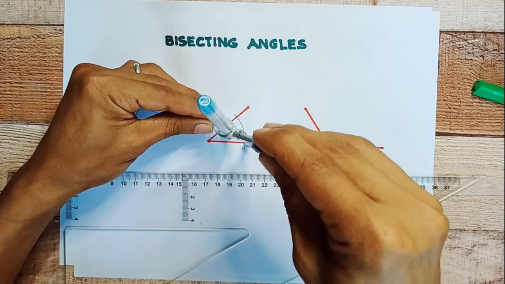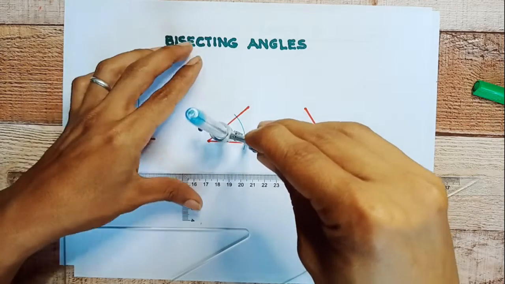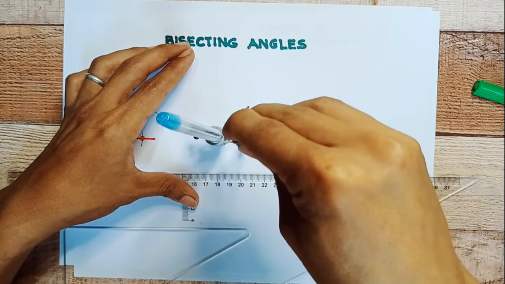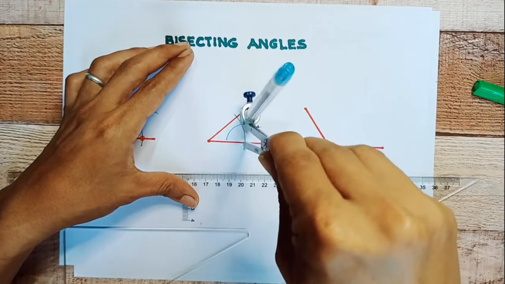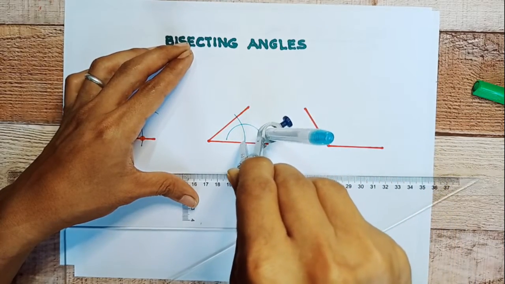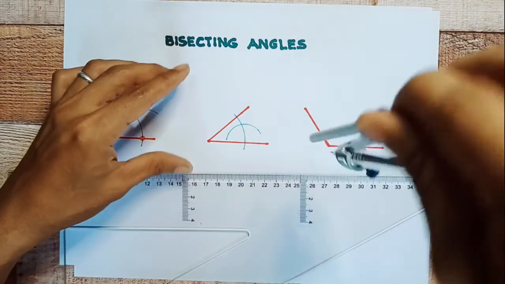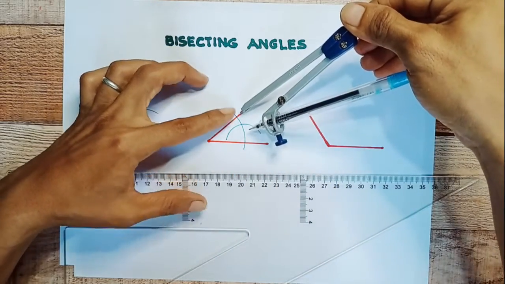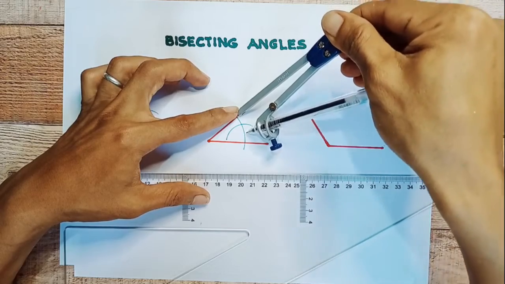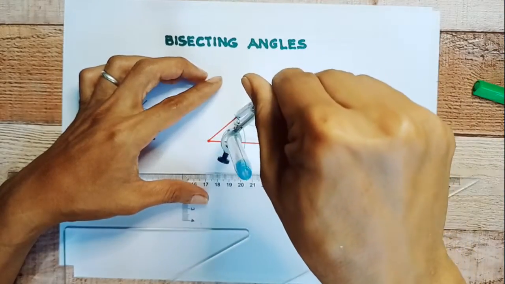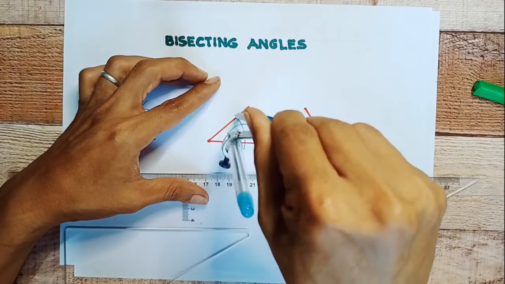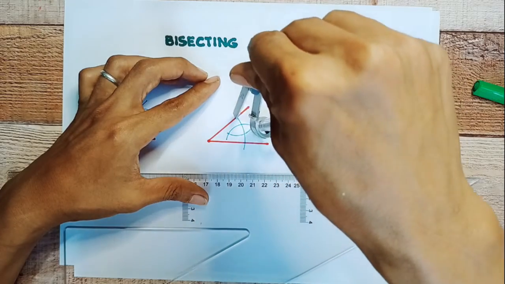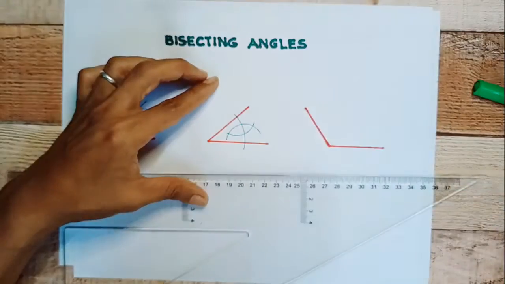There. Like so. Then, let's draw an arc. That's one. Then, the other end. There. And score an arc. Like so.